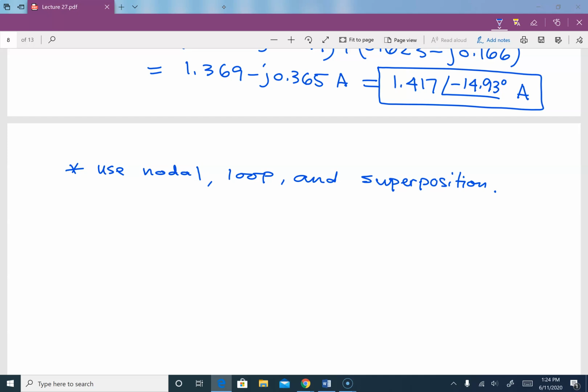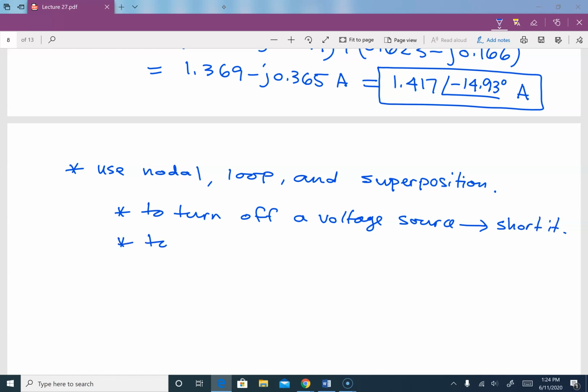Make sure to turn off a voltage source, short it, and to turn off a current source, open it. Don't go the other way around.